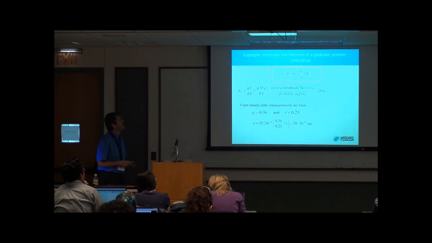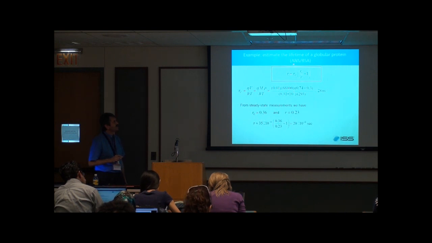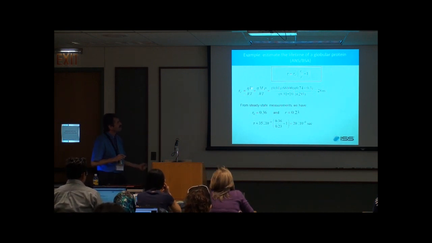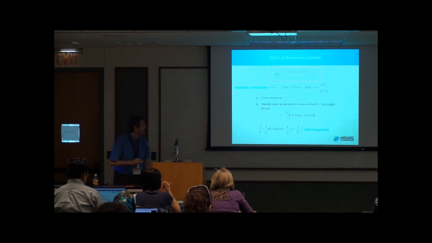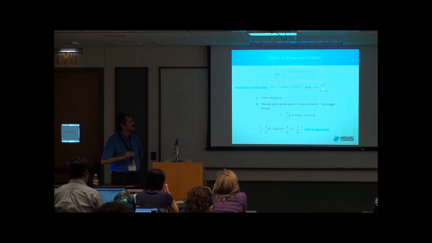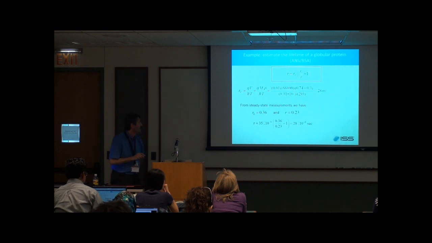Let's say that we're looking at a globular protein like BSA, and we attach a probe like ANS. We first calculate the rotational correlation time using the previous equation. Let's go back. In this equation, we have R, the gas constant, temperature, volume of the molecule, and viscosity of the solution.